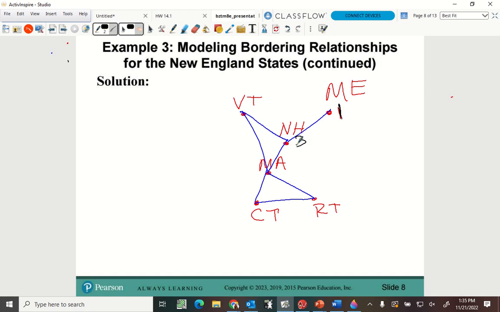I go to Maine, I go to Vermont, and I go to Massachusetts. That's 3. What about Vermont? What's the degree? 2. Massachusetts, what's my degree? 4. Very good. Connecticut, 2, and Rhode Island, 2. Does that make sense? Yeah.